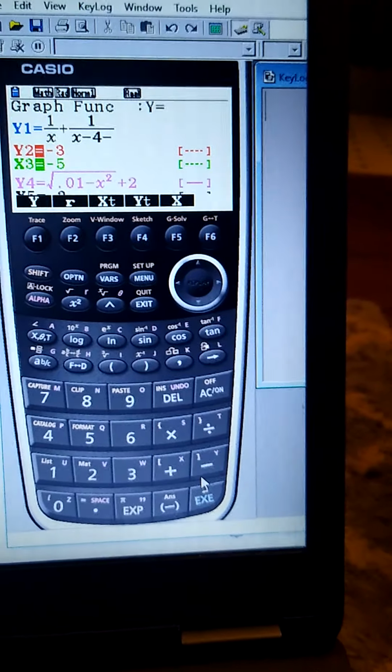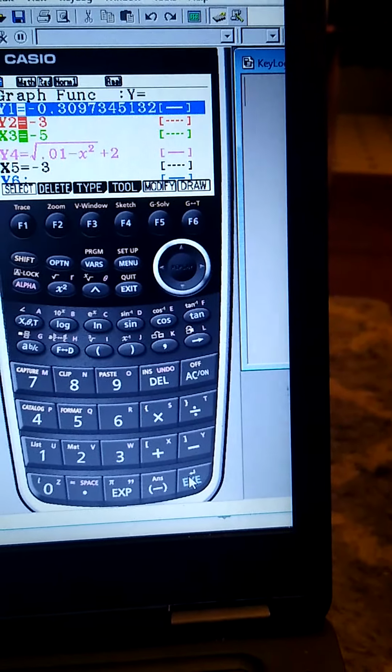And then as y2 I'm going to put in the right side of the equation, which is just 2. We've got to turn all this other stuff off, and we'll go ahead and graph it.